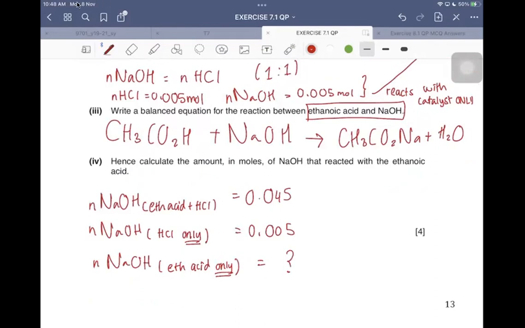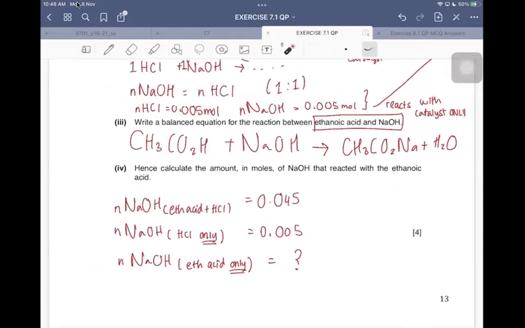Once you know the number of moles of sodium hydroxide that reacts with ethanoic acid only, then you can find the number of moles of ethanoic acid. Why? Because sodium hydroxide and ethanoic acid is 1:1.